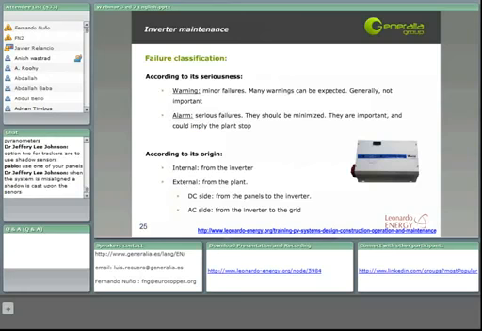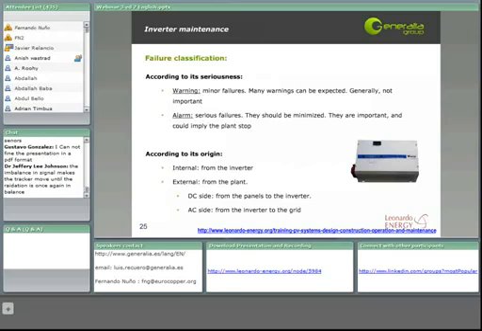In an inverter, the main failures can be classified according to their seriousness or according to their origin. According to seriousness, we can distinguish between two types of failures: the warnings and the alarms.